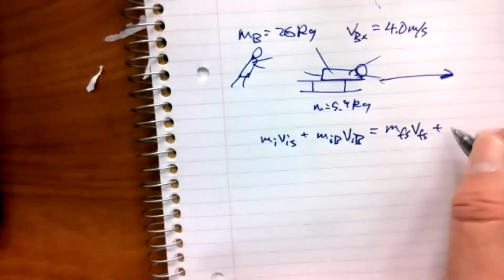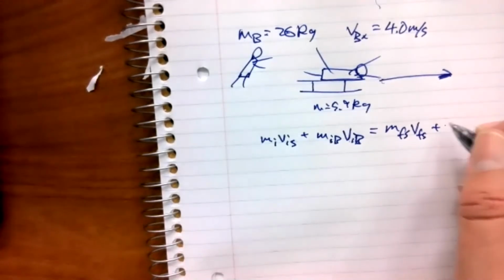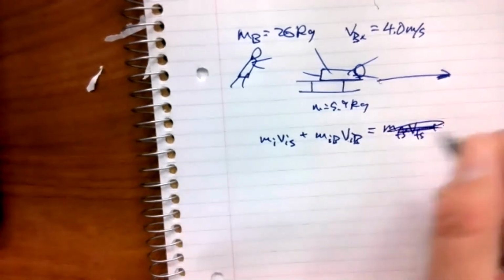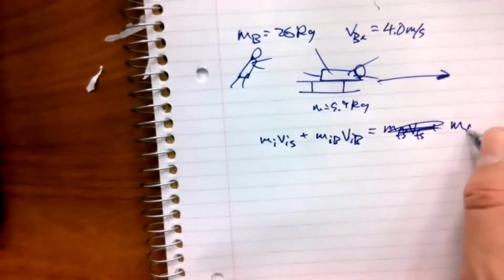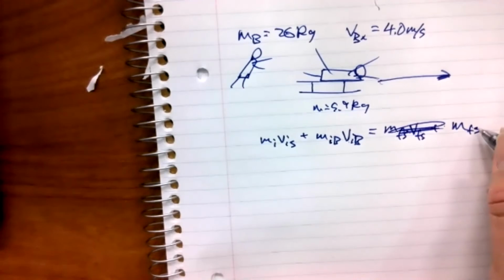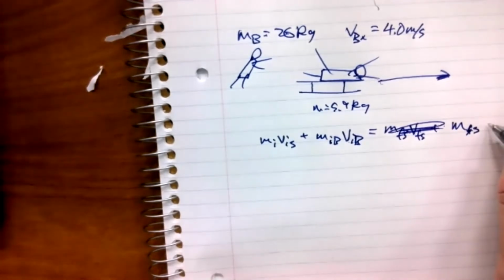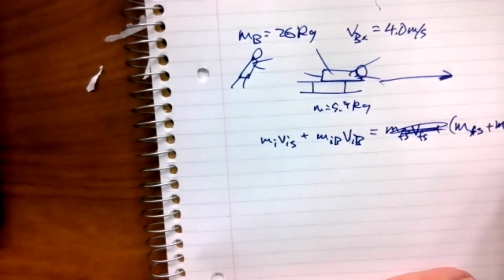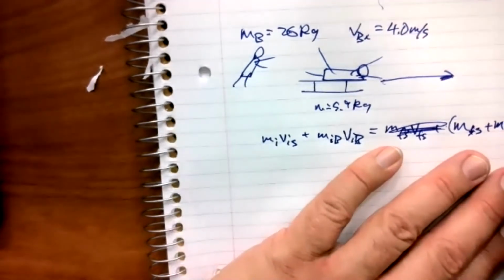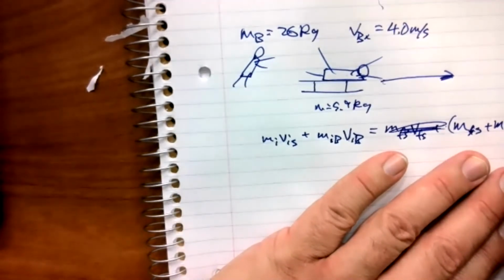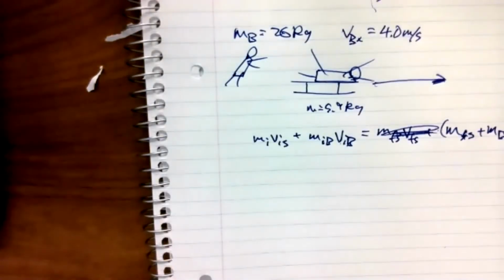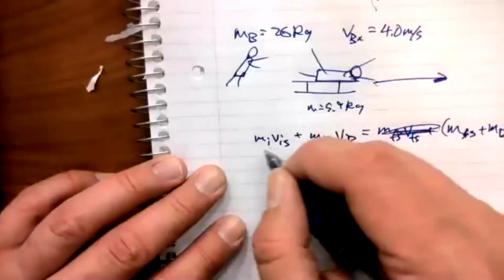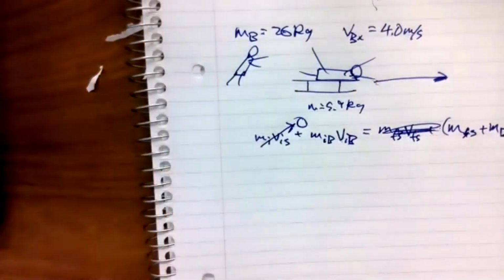Okay, so now they're going at the same velocity, so we can write the mass of the sled, and the masses don't change, and the mass of the boy, they are connected, and their final velocity is different than the first one. So it's supposed to be our final velocity of the boy and the sled. Initially the sled has 0 velocity, so that term just goes away.